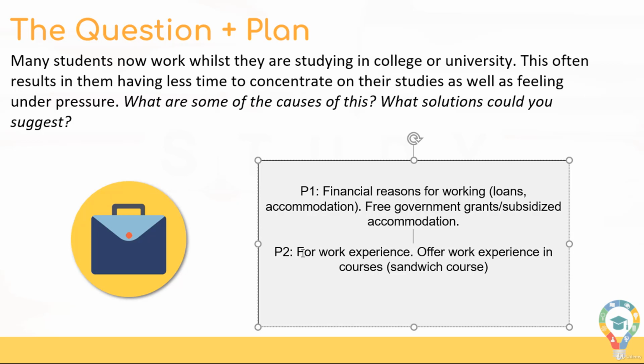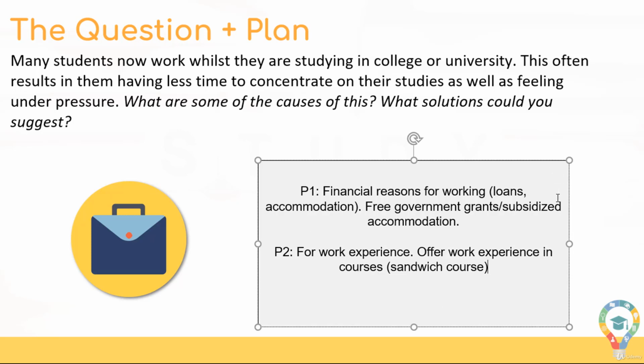And for my second paragraph, I'm suggesting that a cause for students needing to work while studying is for work experience. And I suggested my solution is to offer work experience in courses. So try and push this idea of more sandwich courses to help students concentrate more on their studies.